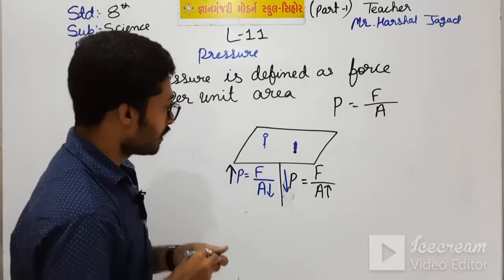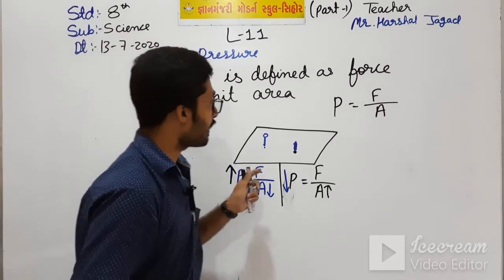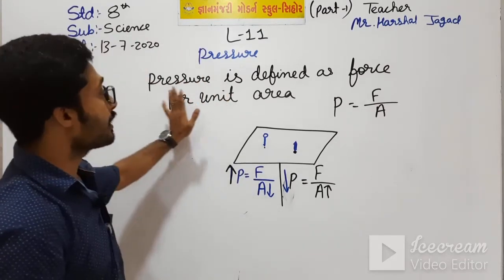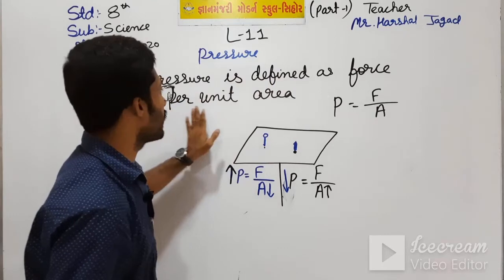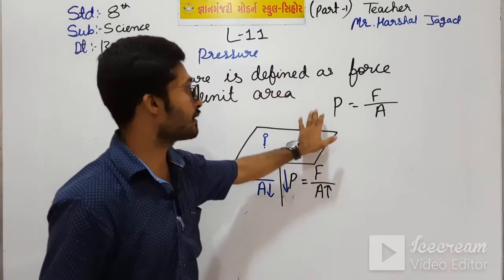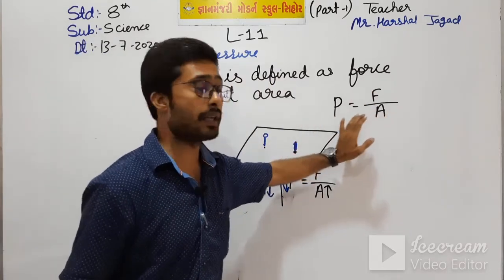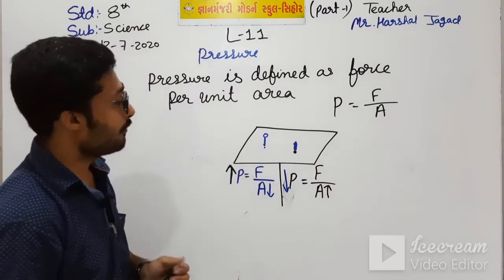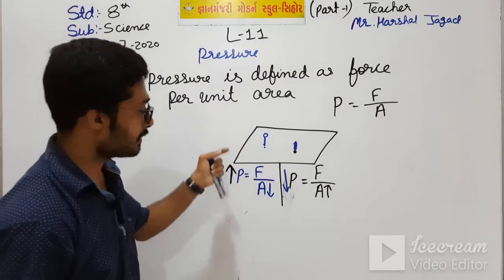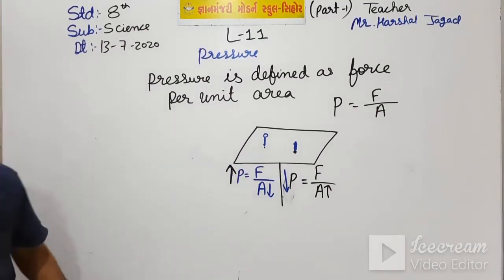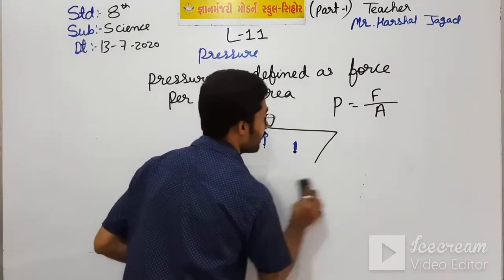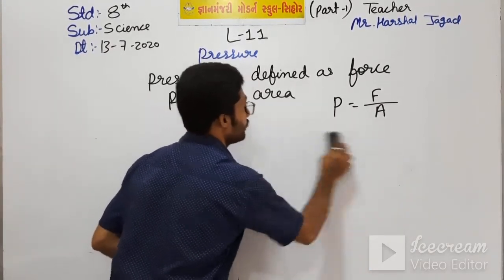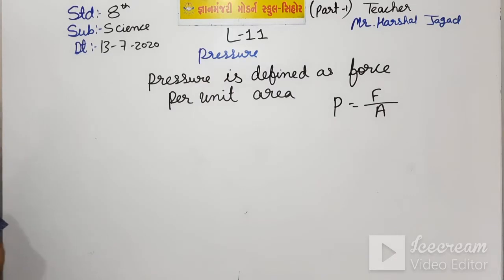Okay students, so let me explain this again. Pressure is defined as force per unit area, that is P is equal to F upon A. We have taken an example of a wooden board. Let me draw it again. This is a wooden board.